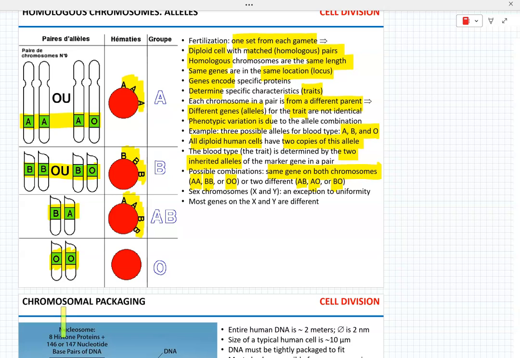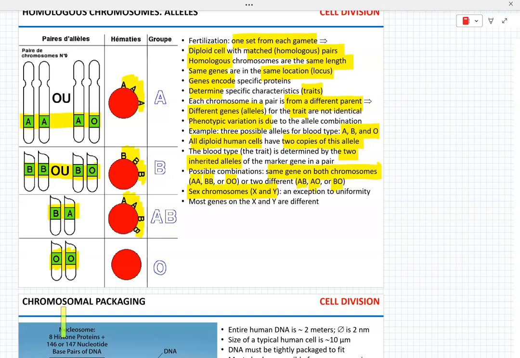There is one exception to the total similarity between homologous chromosomes. It's sex chromosomes. So there's a homologous pair, 23rd pair, that consists of two sex chromosomes. If sex chromosomes are X and Y, it's a male.